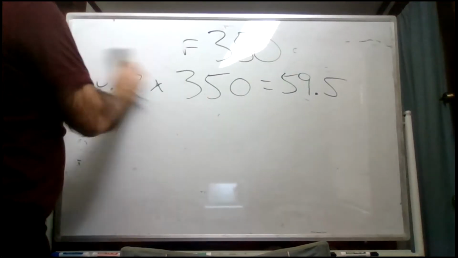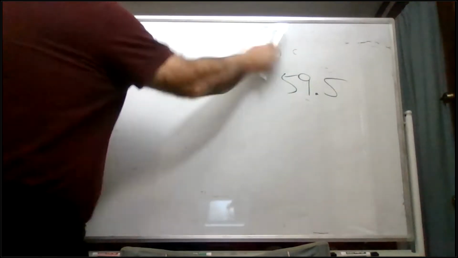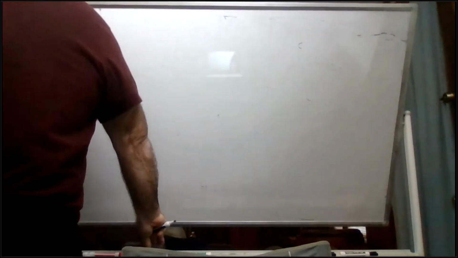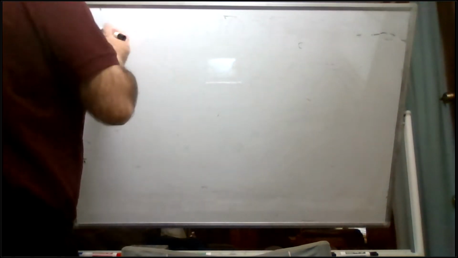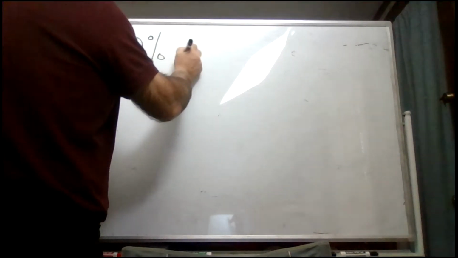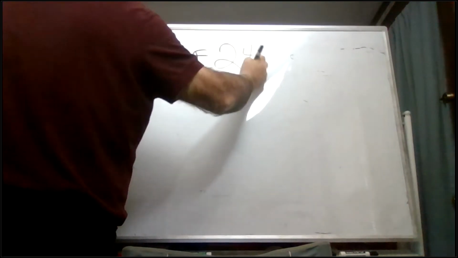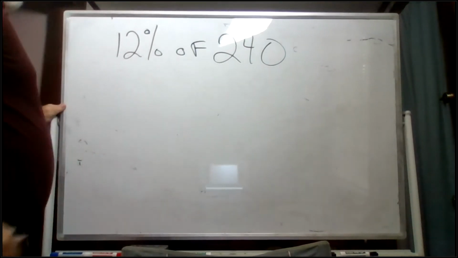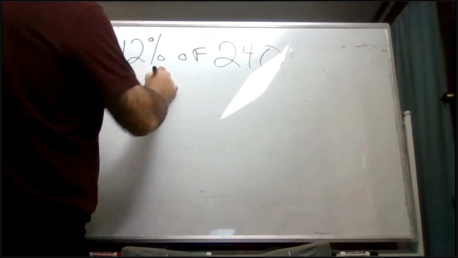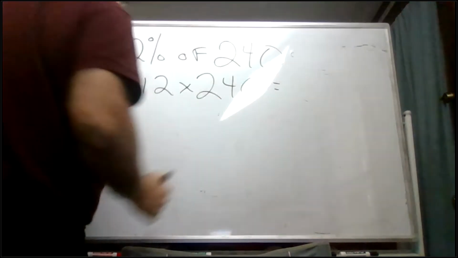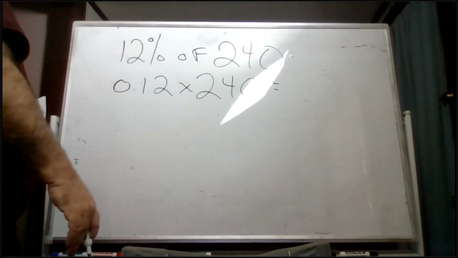All right. The next one, what's the next one? Same thing, 12% of 240. Maybe you didn't like the waitress, or the waiter, and you only wanted to give them 12% of the tip. Because they were lousy, maybe the food came cold, they were rude, so you only want to give them 12%.